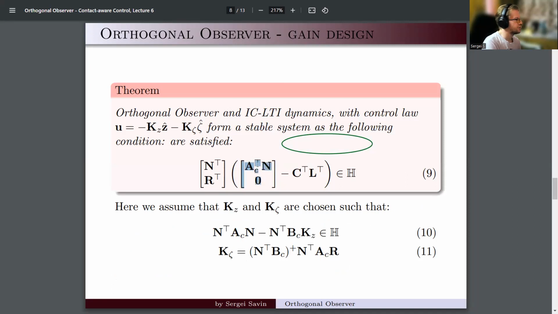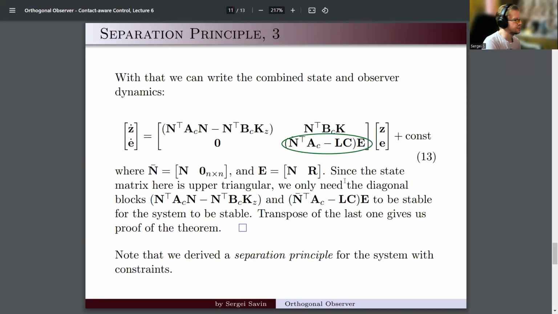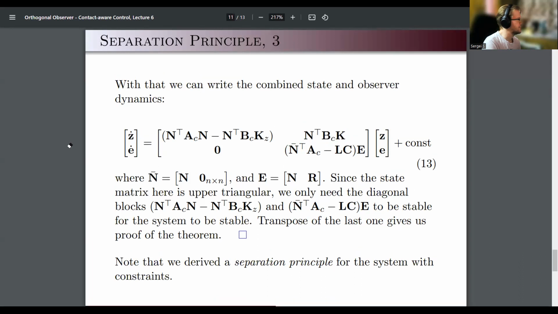This matrix has a zero downstairs. It is exactly the same as this matrix, just the notation is nicer in the last one, because we have N bar, which has zeros here. So we managed to hide this zero in this nice bar that we put on top. Yes, it is exactly the same. So this is the proof of the theorem.